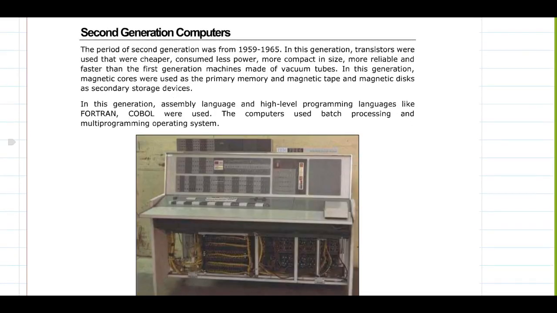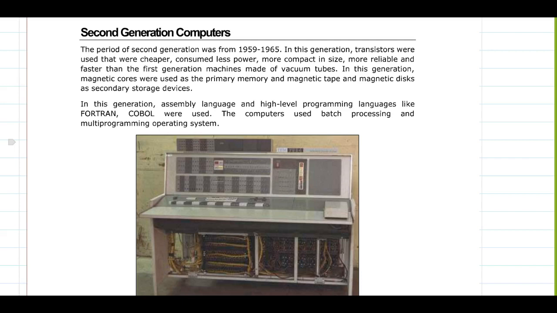Now, let's talk about second generation computers. The period of the second generation was from 1959 to 1965. In this generation, transistors were used that were cheaper, consumed less power, were more compact in size, more reliable and faster than the first generation computers, because the first generation computers used vacuum tubes.